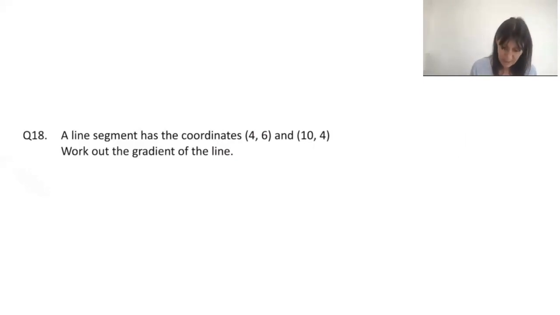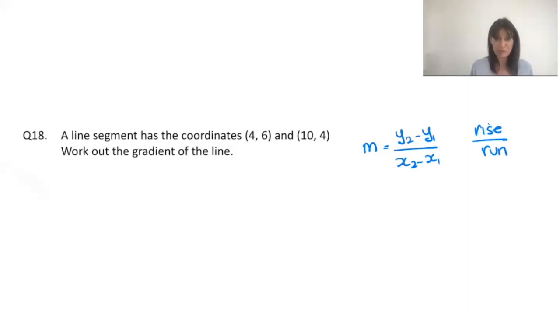Our formula that we learned in the course was m equals y2 minus y1 over x2 minus x1. That is my rise over run, which is how I find gradient, okay? Keyword, there it is.